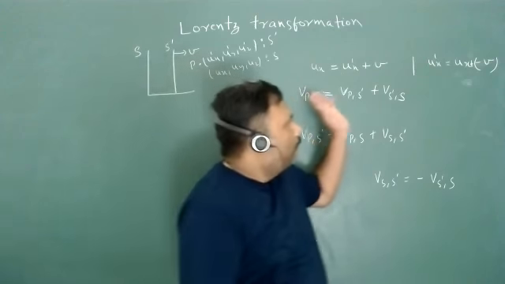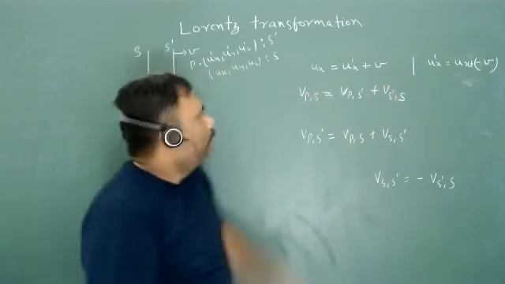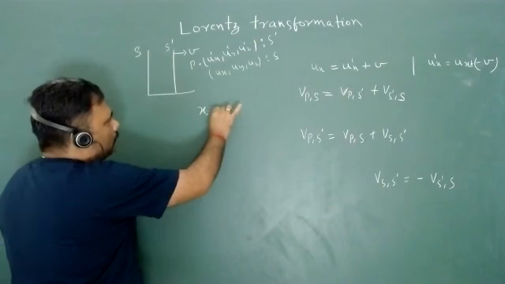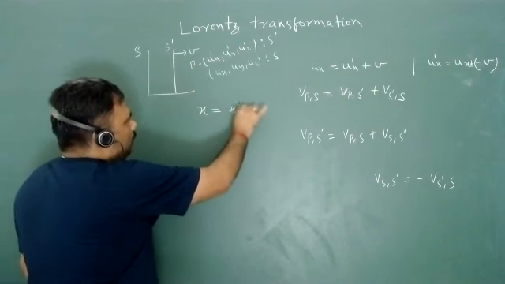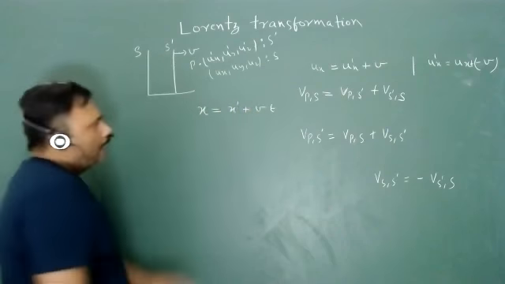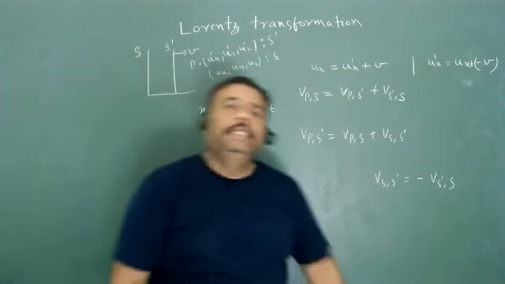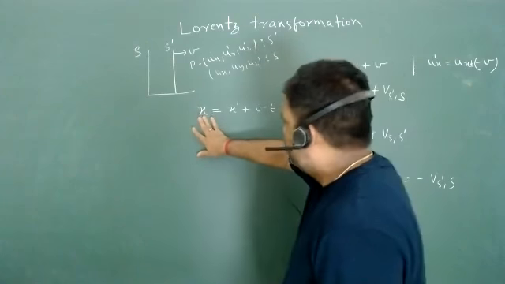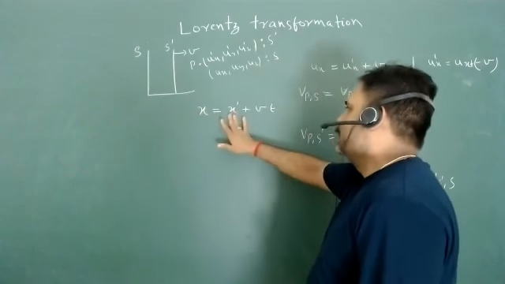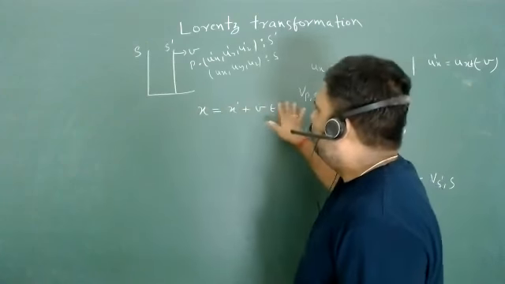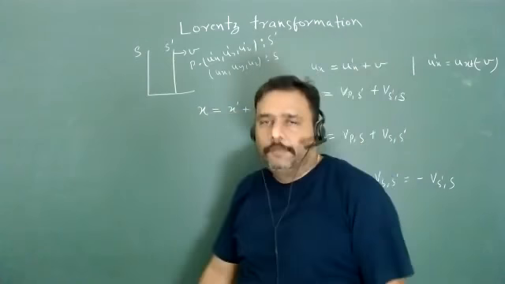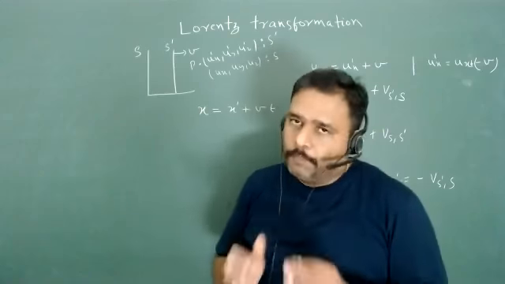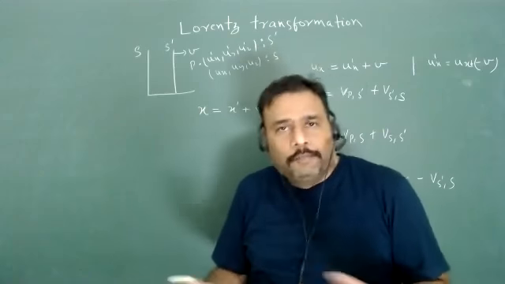We can also see the transformation in position, something like x is equal to x dash plus vt, and this transformation is linear in nature. Why is it linear? Because x dash has the same power, so we have a very nice linear relationship. Why? Because we are working with the inertial frame.